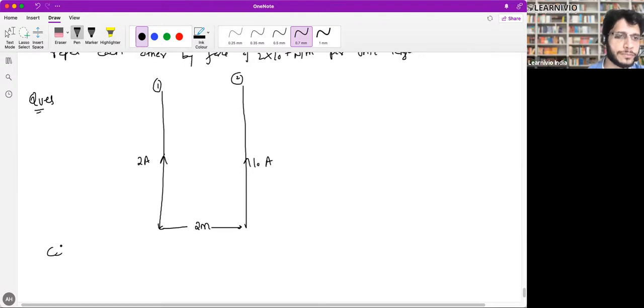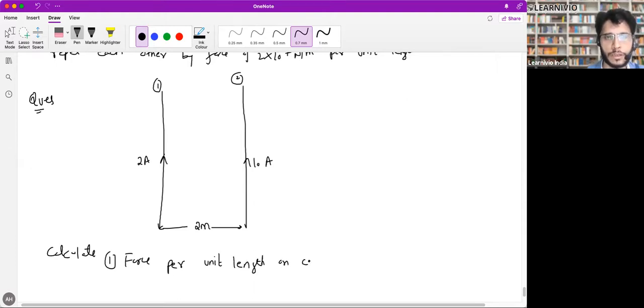So calculate, first part: force per unit length on conductor 2 due to 1.